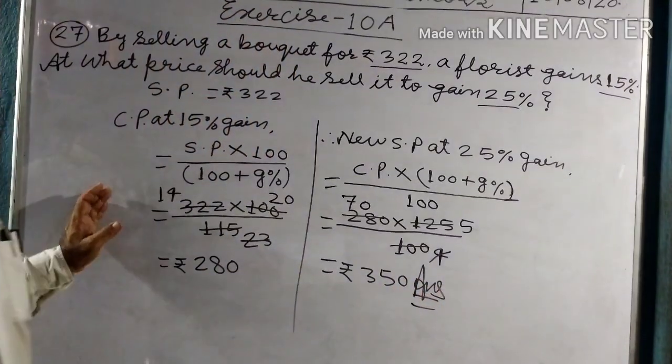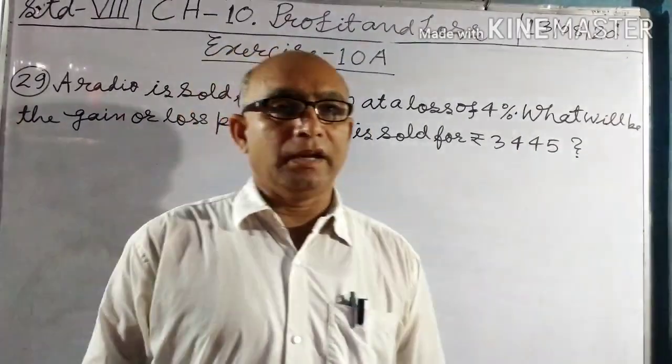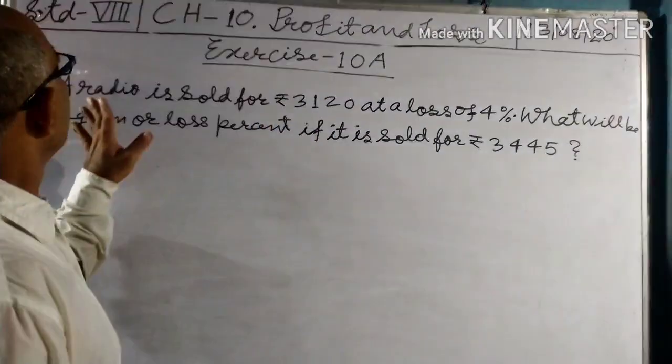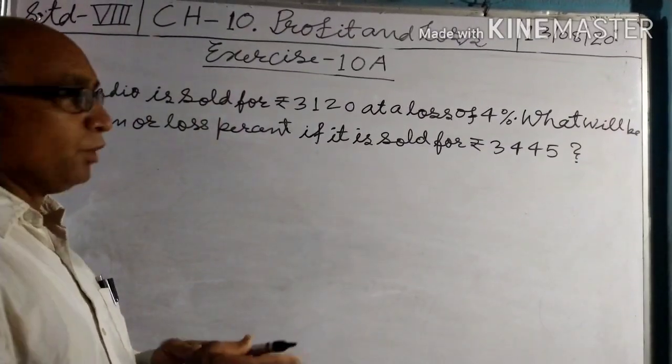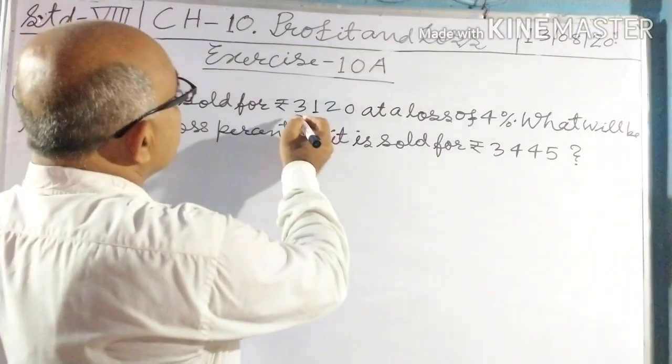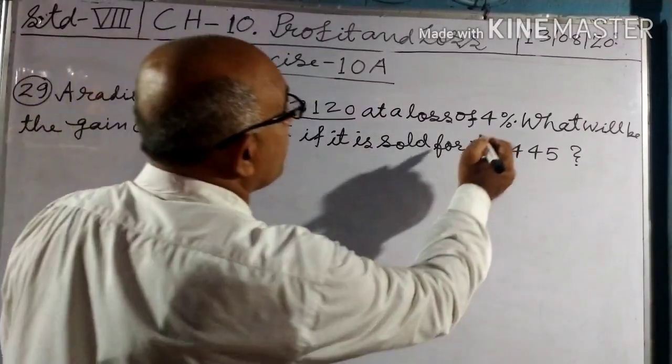Answer of this question. Understand and write it. Students, next question is question number 29. A radio is sold for rupees 3,120 at a loss of 4%.